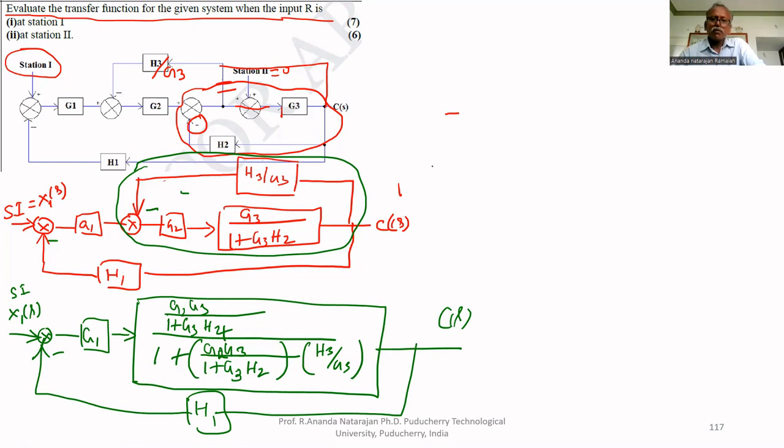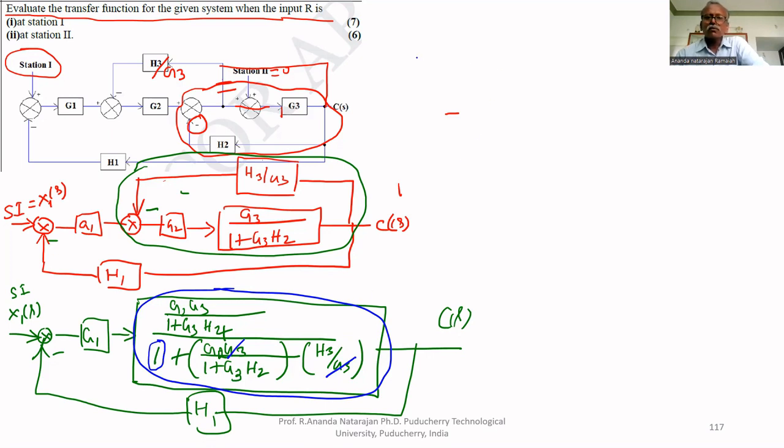Now we have to simplify this part first. Then we have to remove that feedback H1. If you simplify this, 1 plus G3 H2 is replaced, then the LCM gets cancelled. Before that, G3 is getting cancelled.